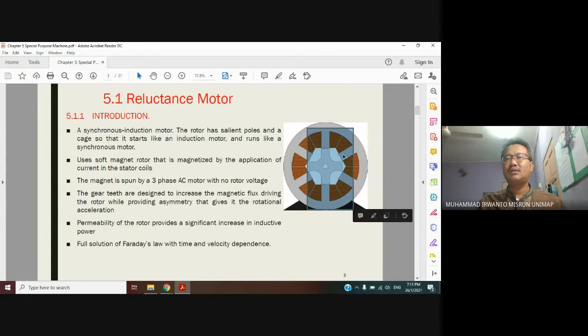It is constructed by the stator and rotor. The stator is constructed with some poles that are connected to the AC source, which can be single phase or three phase.